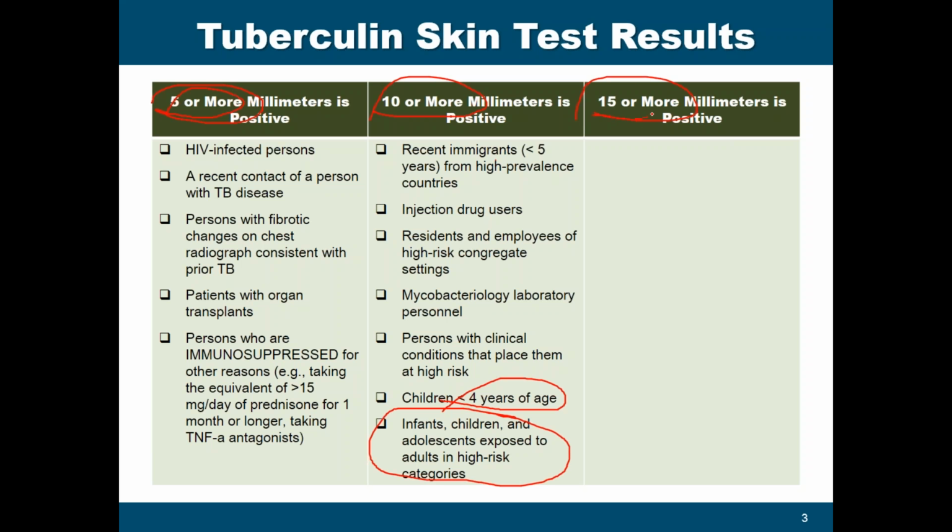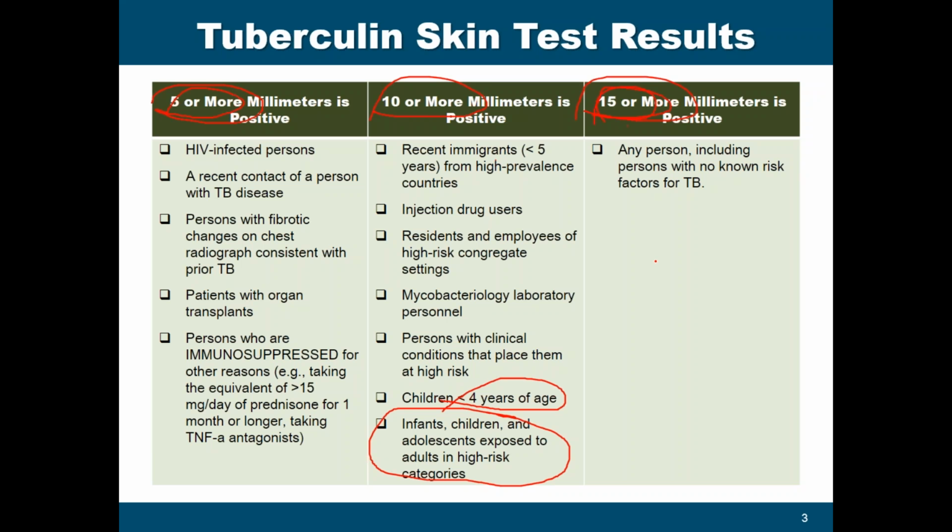Now, when do we use the parameter of 15 or more millimeters? It's only used for those patients with no known risk factors for tuberculosis. So if the patient is somebody that doesn't fall into the other two categories, then we are going to use 15 or more millimeters for those patients.